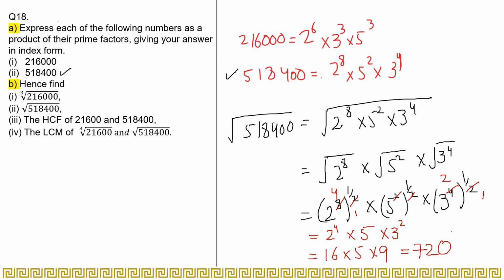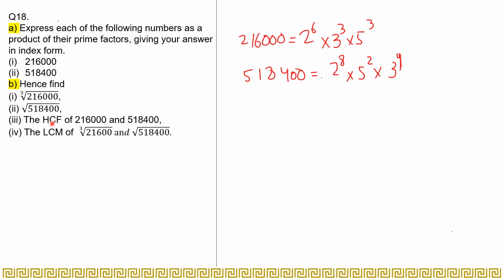So that means the square root of 518400 is equal to 720, which means when you multiply 720 two times, you are going to get 518400.